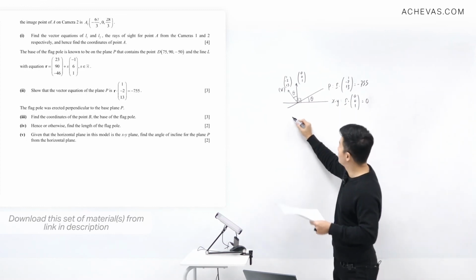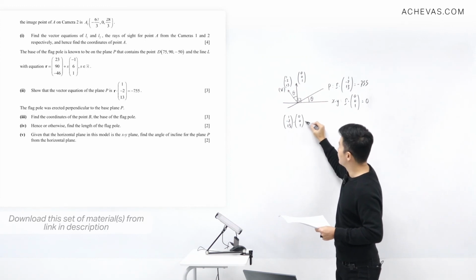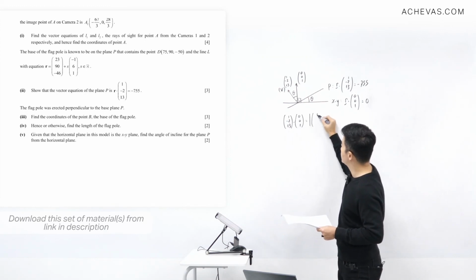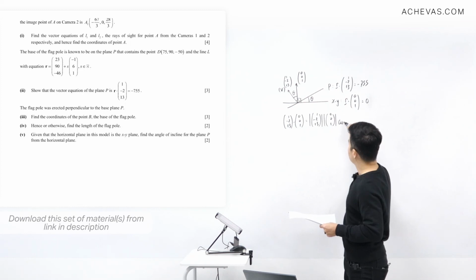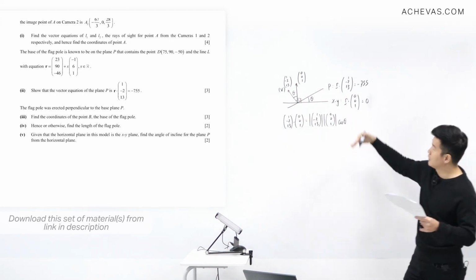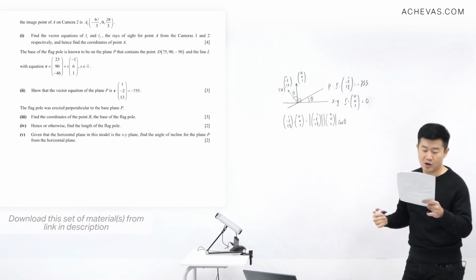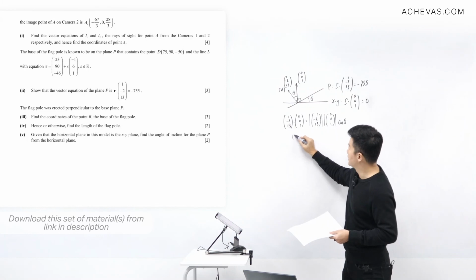So let us use dot product. Let me take (1, -2, 13) dot (0, 0, 1). It is going to be equal to the modulus of (1, -2, 13), the modulus of (0, 0, 1), then cosine of this angle that we are trying to find, the angle of inclination of the plane P with respect to the horizontal plane. So this is going to be equal to just 13.